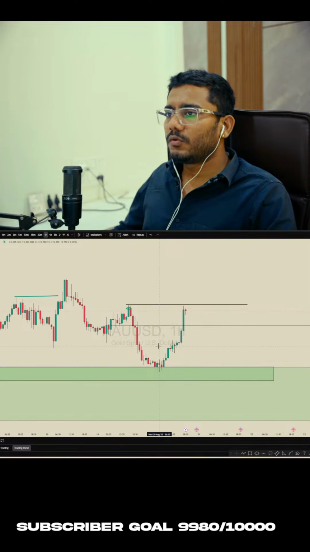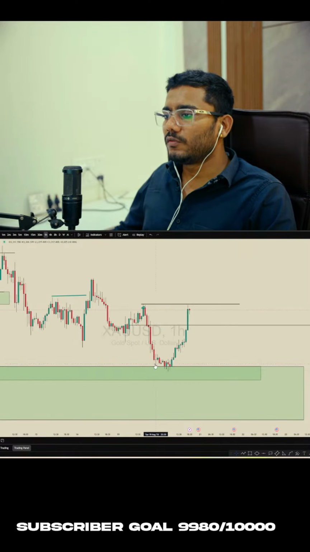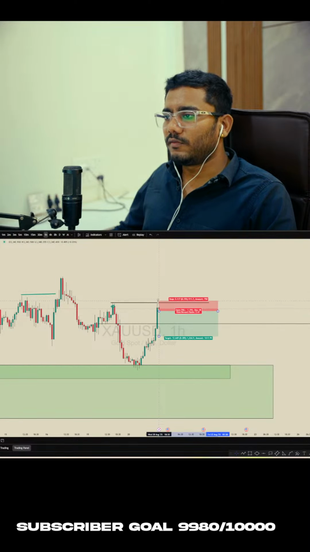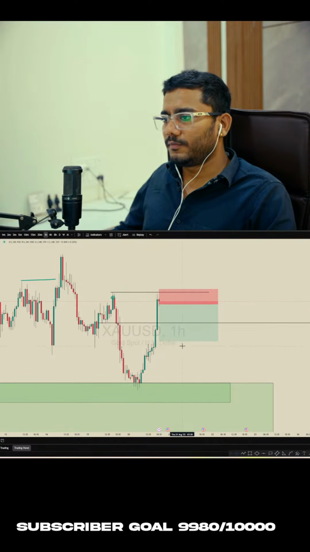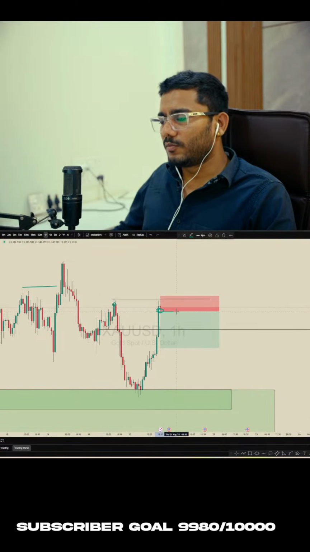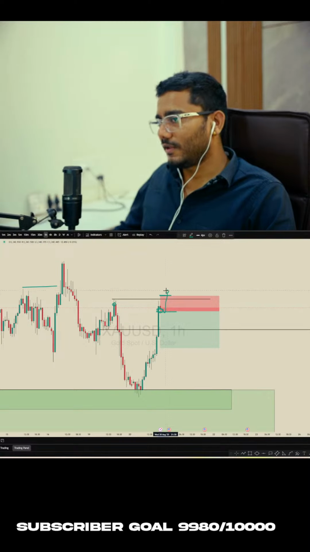And what people tend to do is they try to hold, for example, if you have this order block, and they have taken this sell side trade from here, and they know that this is our stop loss, they will still try to hold this trade.